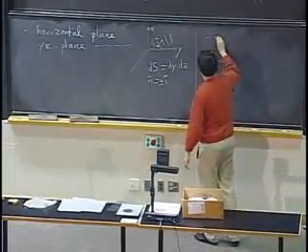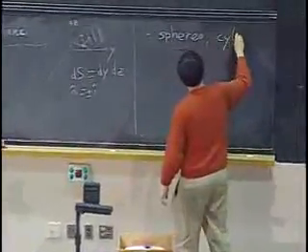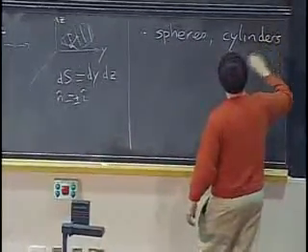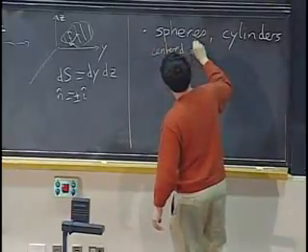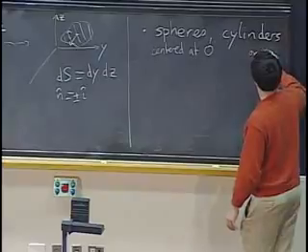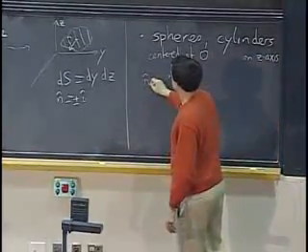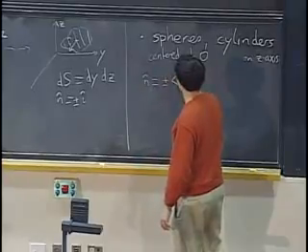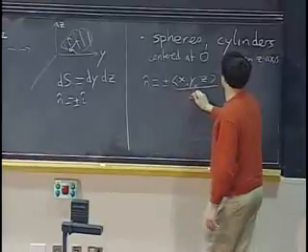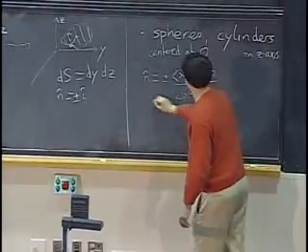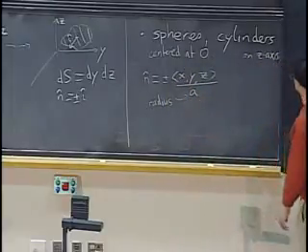Okay, we've seen about spheres and cylinders centered at the origin or centered on the z-axis. So the normal vector sticks straight out or straight in, depending on which direction you do it in. For a sphere, the normal vector is x, y, z divided by the radius of the sphere.